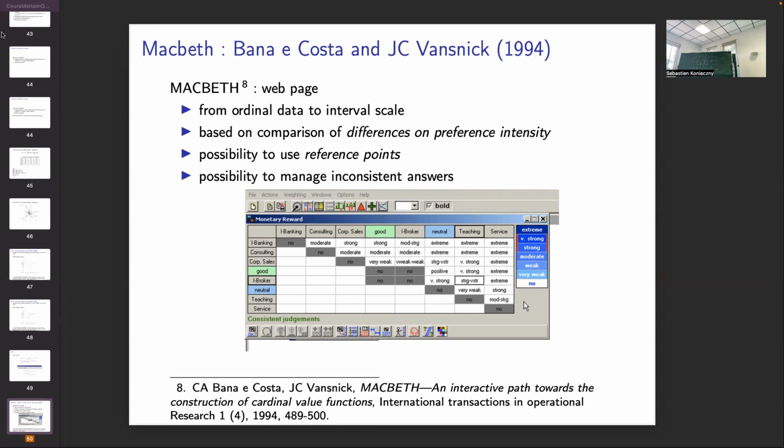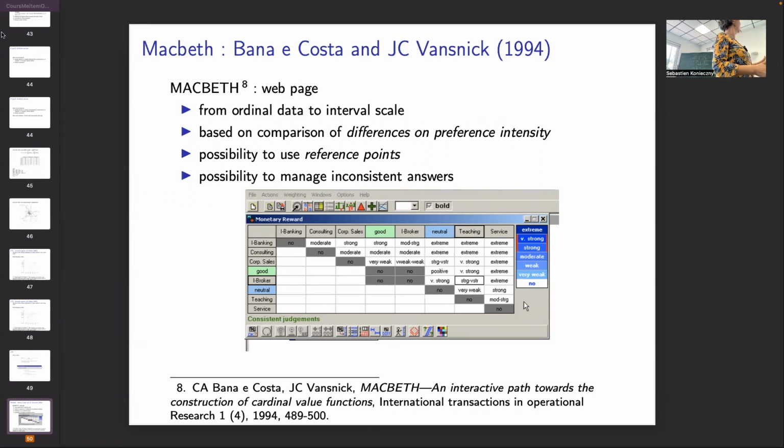These are two mathematicians, and the real mathematical fundamentals of MACBETH are really good. Okay, they are not doing just anything. I don't have time now, but I put their web page.